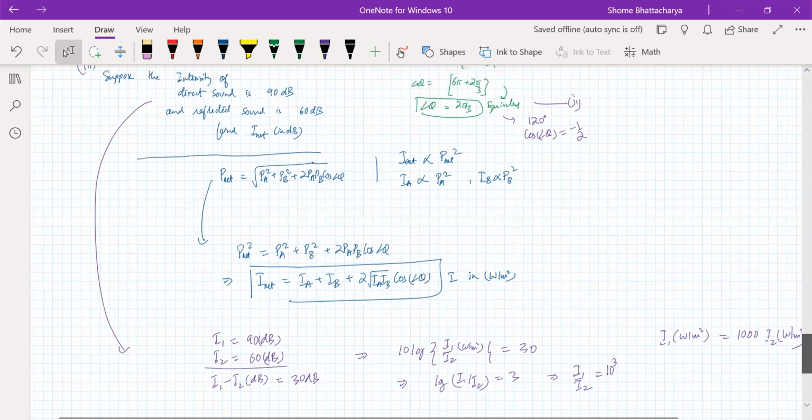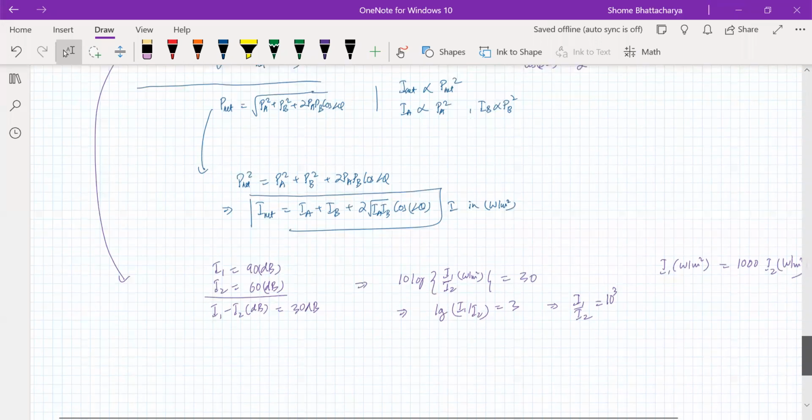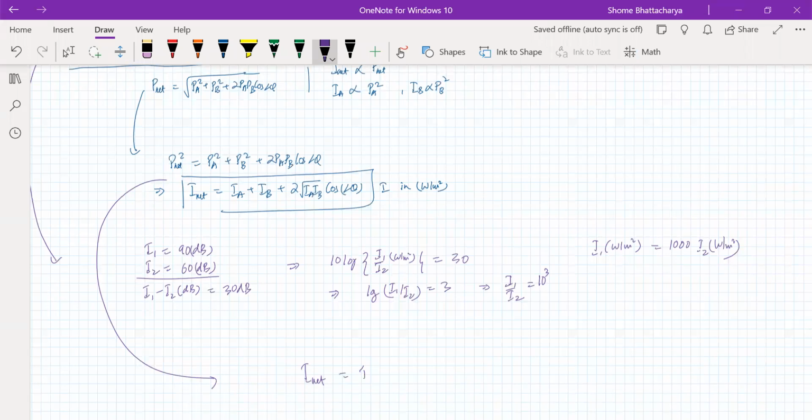So now we can see that when I apply this formula, I net here will be I1 plus I2 plus 2 root I1 I2 cos delta phi. So we'll just write I2 as I1 by 1000. So this will be I1 plus I1 by 1000 plus 2 I1 by 10 root 10, which will have 1000 in the denominator, into cos delta phi.